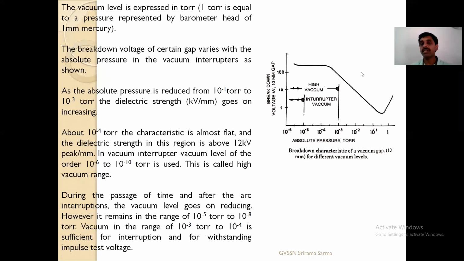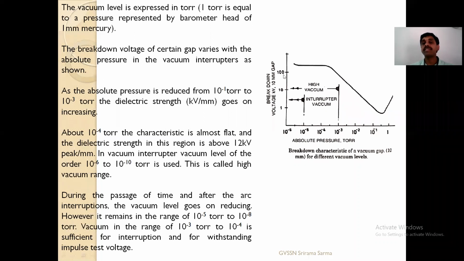You see here one picture, the breakdown voltage versus absolute pressure. Vacuum level is expressed in terms of torr, as I said. The breakdown voltage of a certain gap varies with absolute pressure. As the absolute pressure is reduced from 10 power minus 1 to 10 power minus 3, what happens?